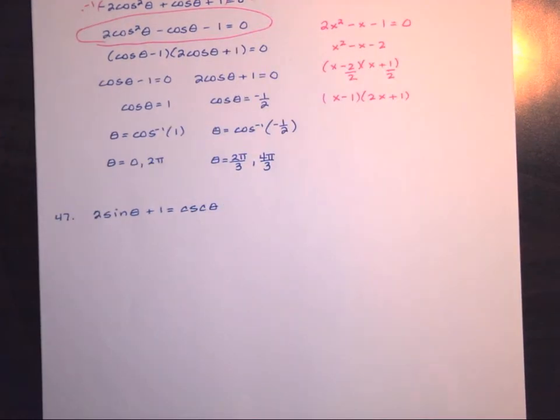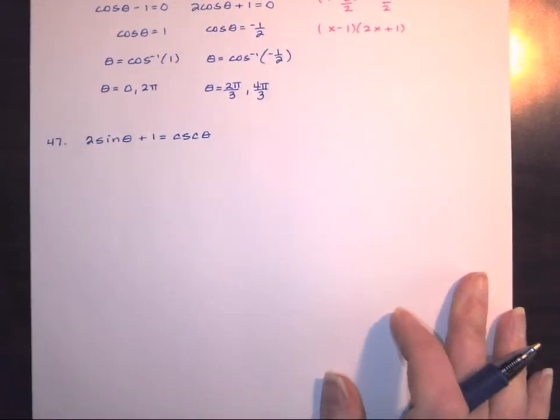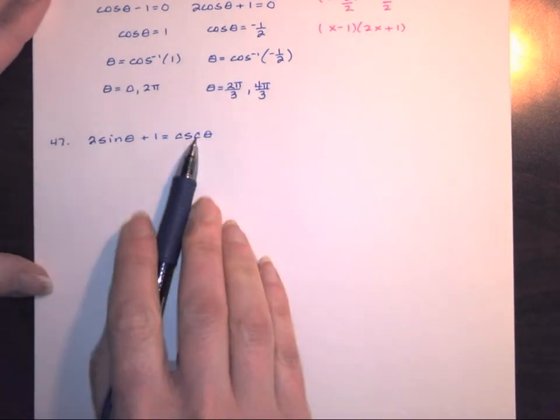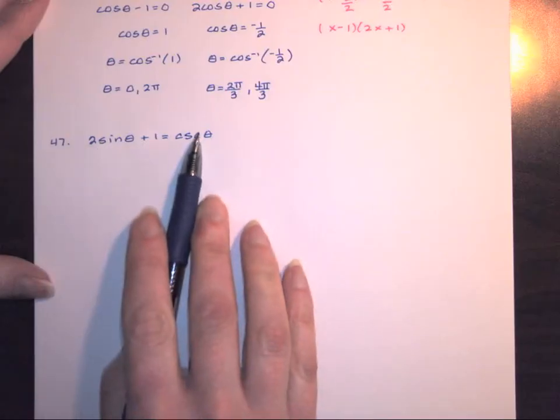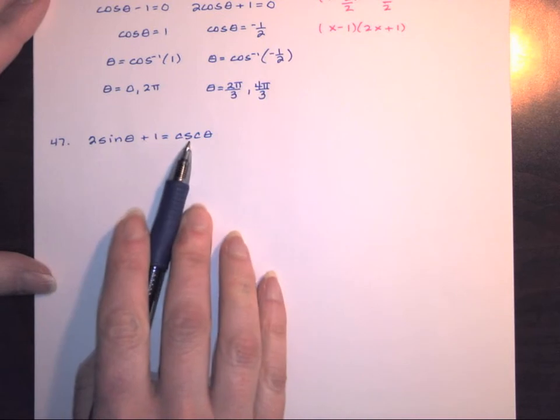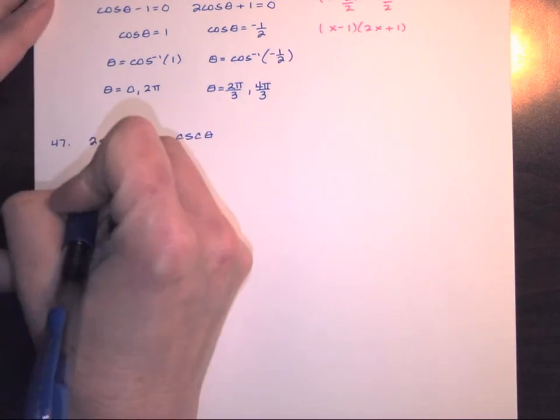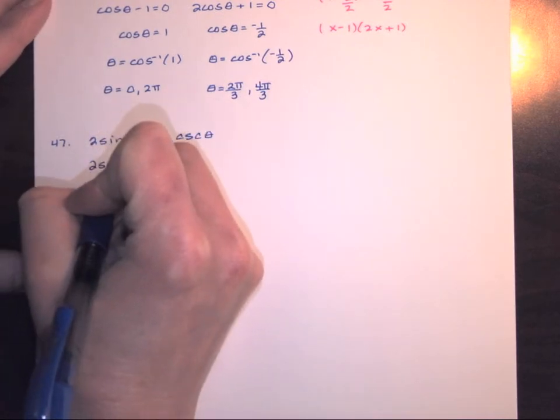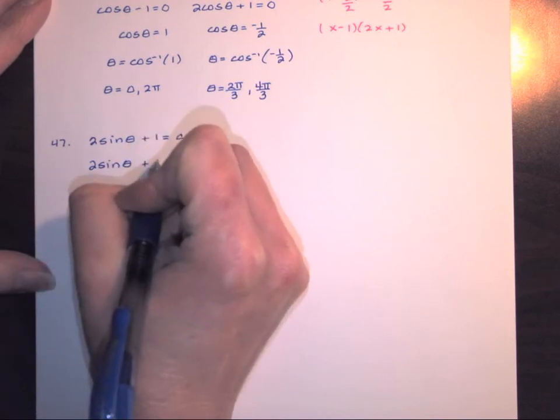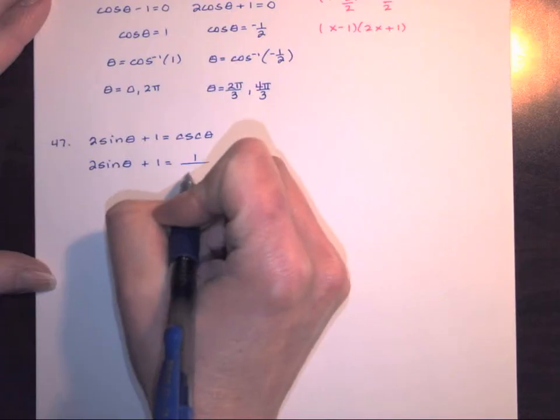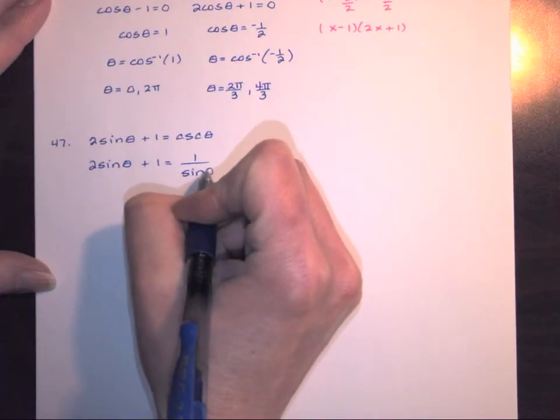Here's the deal. There is nothing I can do right now to solve for theta. It would be great if I had all the same trig function here. So I'm going to make this 1 over sine theta. So 2 sine theta plus 1 equals 1 over sine theta.